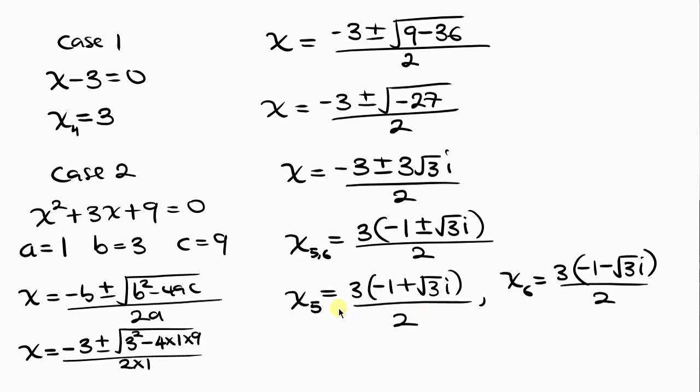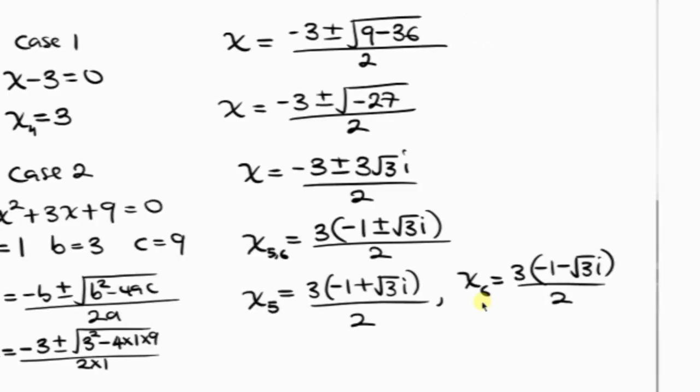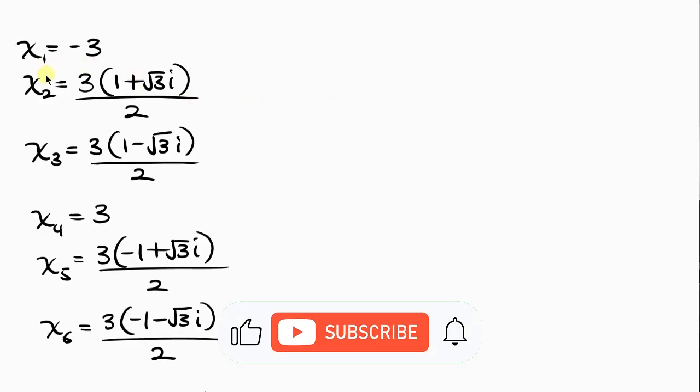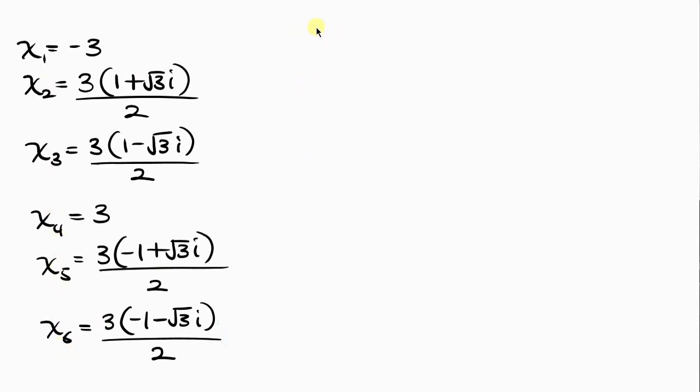But the question requires us to look for y. So x is just a substitution. So let's go ahead and look for y in the next slide. Now, these are all the 6 solutions of x that we have solved. Now, to look for the value of y, we're going to be recalling. So recall that we said let 2y be equal to x.